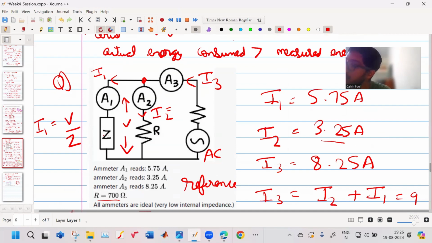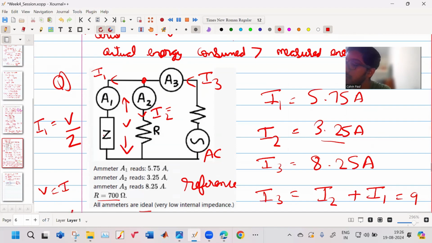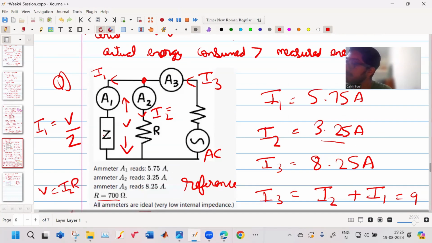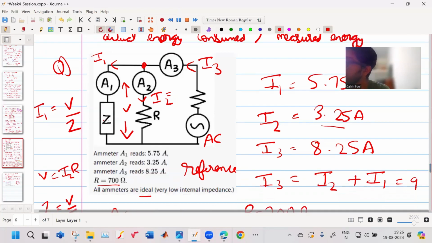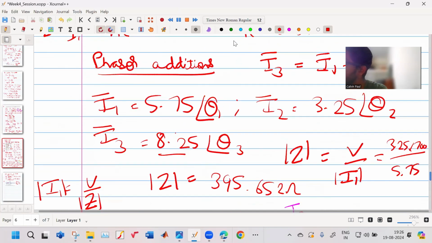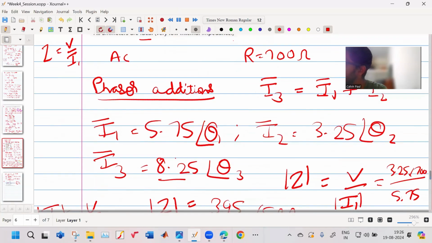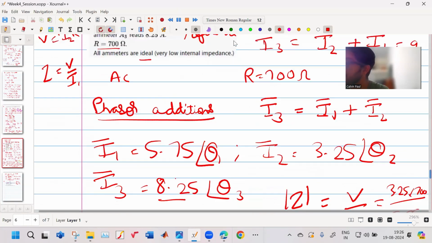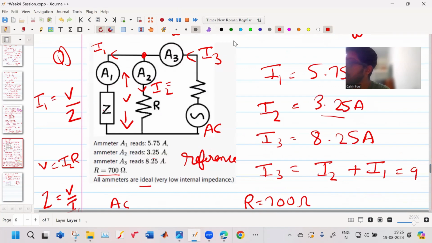So your voltage is equal to I into R, that is I2 into R. That is how I multiplied I2, 3.25, into 700 and got my voltage. I didn't calculate it, but it is 3.25 into 700. Has that cleared your doubt, Muthu?